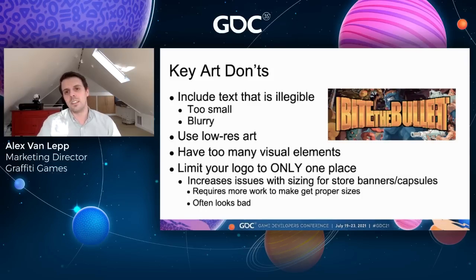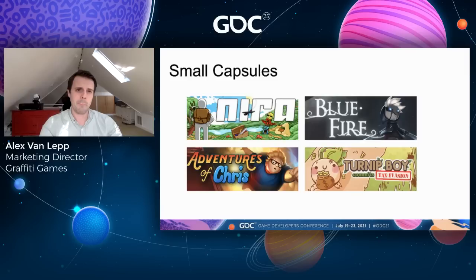The logo is stuck in one spot because you have so many graphical elements around it. If you move it just a little bit up, left, or down, you're going to be blocking one of the characters. And then there are just too many characters in it, so your eye just wanders all over. It's not really good. Luckily, we did create some new art for launch that helped out.